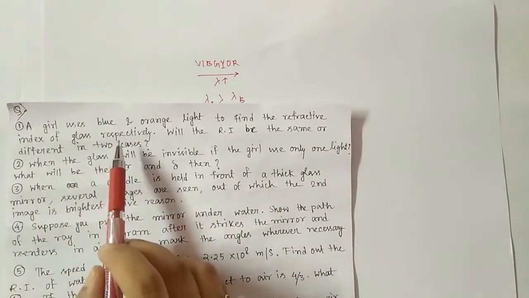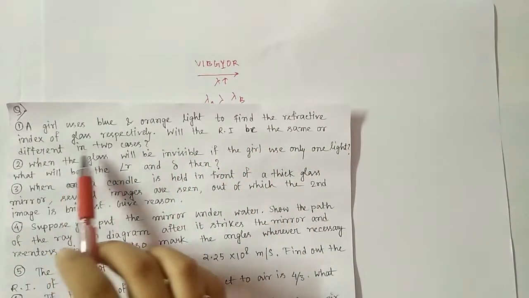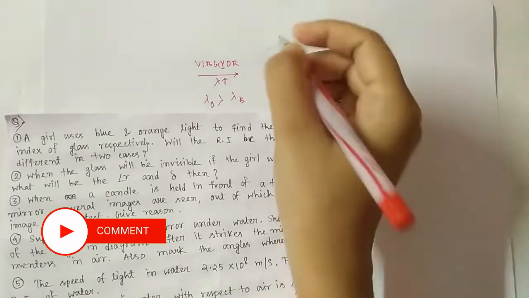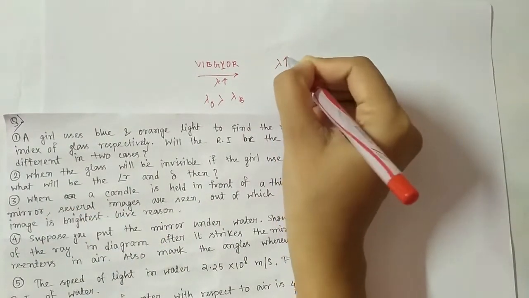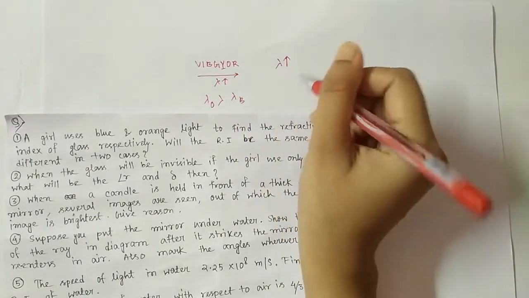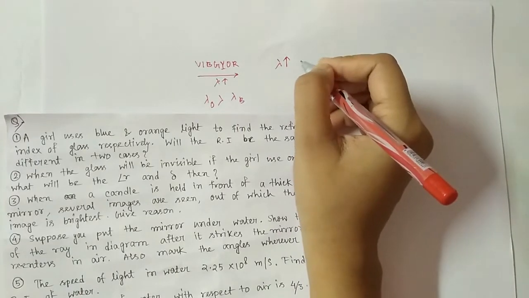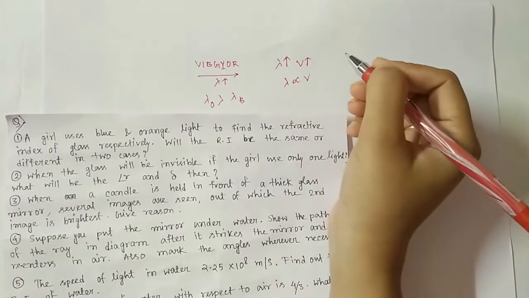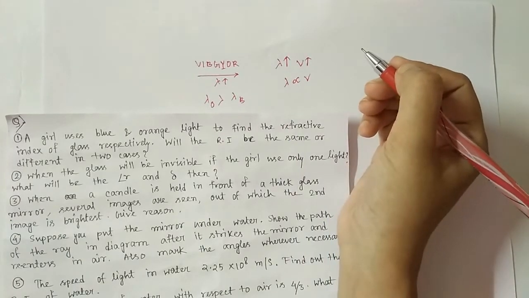a girl uses blue and orange light to find the refractive index of glass respectively. Now I have also told you one thing, that as wavelength increases, from blue to orange, the velocity of light will increase, because wavelength and velocity have a proportional relationship.